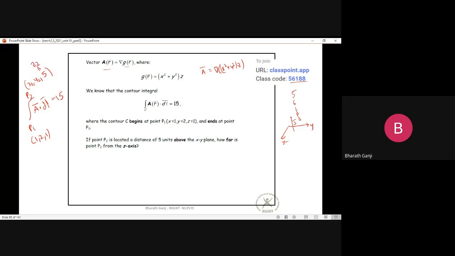Now he's asking how far the point is from the z axis. If this is the z axis and this is your point p2, how much is the perpendicular distance from the z axis? Basically the question asks for the distance rho. The perpendicular distance is nothing but rho. So rho here is x2 square plus y2 square. This is what he's asking for.